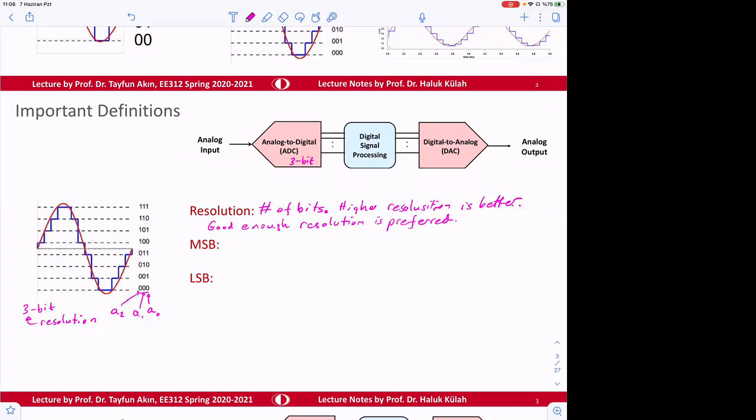So here we will be representing this like that, but we will be calling this bit representation the least significant bit. I mean A0, we will call this least significant bit. And then this one is going to be called the most significant bit.